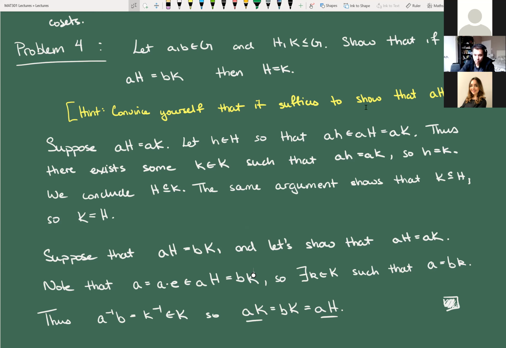Can you explain the last line again? How did you go from A inverse B is equal to K inverse, which is in K, so then we're done? Right.